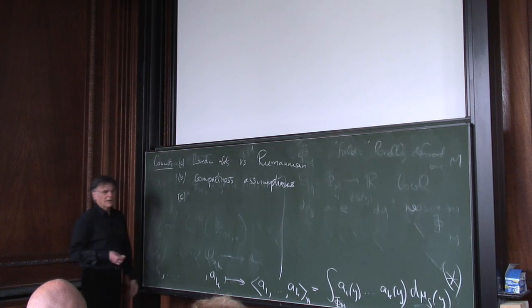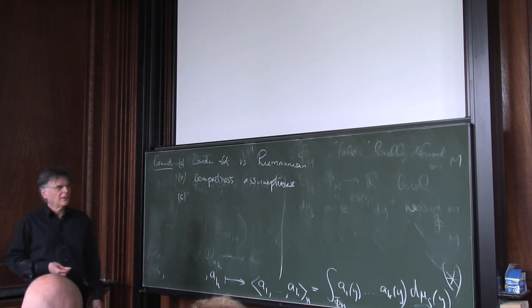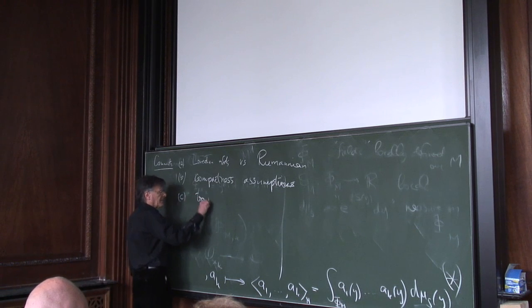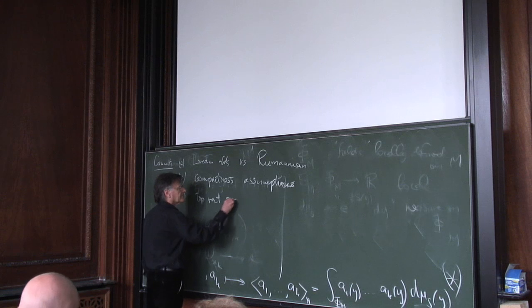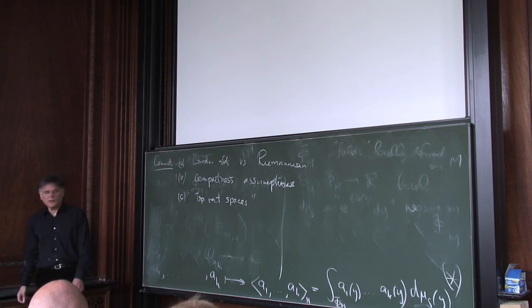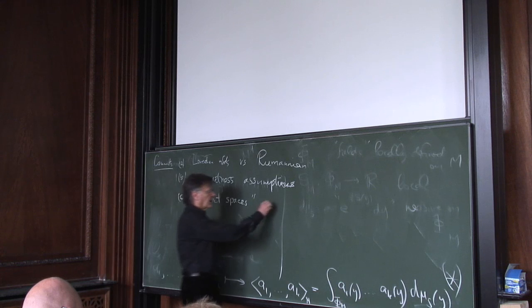The next thing is more of a mathematical, technical point. What kind of topological vector spaces do we allow? What kind of tensor product?